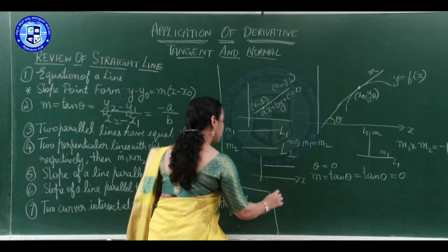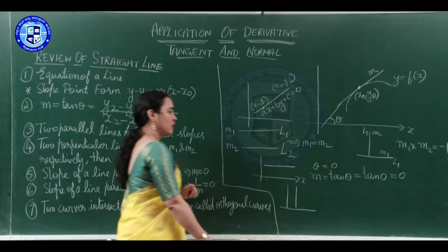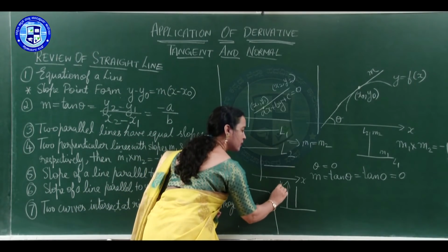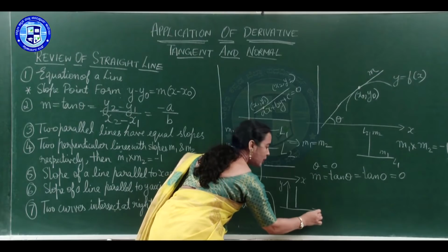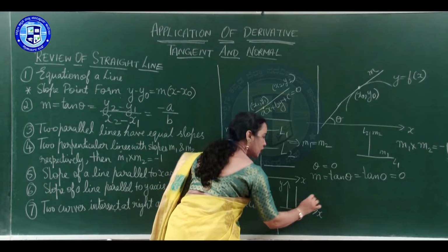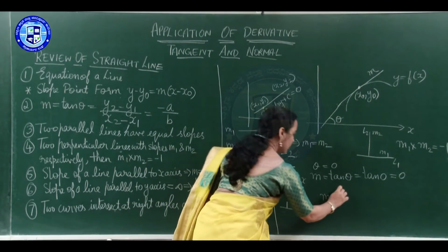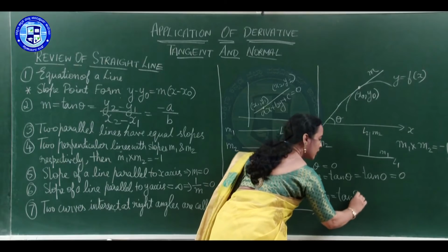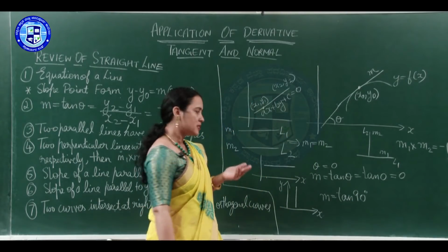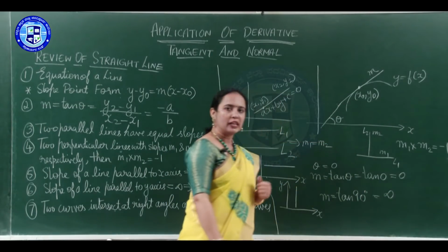If a line is parallel to y axis, what do you mean by that? That means it is perpendicular to x axis. If a line is perpendicular to x axis, then theta will be 90 degrees, right? So m is equal to tan 90. And what is tan 90? It is infinity, not defined.